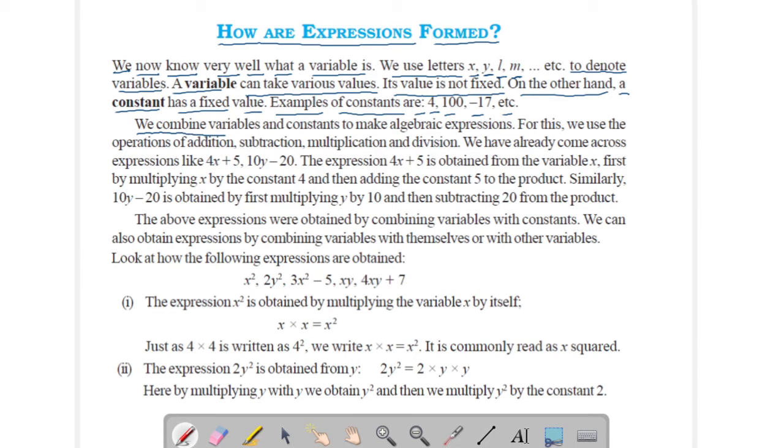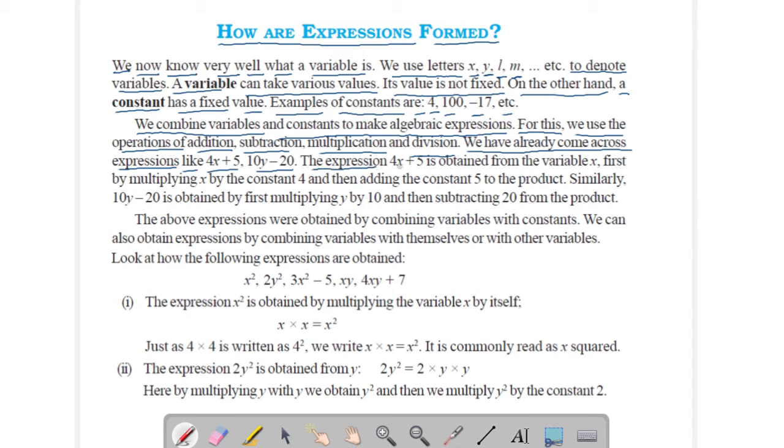We combine variables and constants to make algebraic expressions. For this, we use the operations of addition, subtraction, multiplication, and division. We have already come across expressions like 4x plus 5, 10y minus 20.